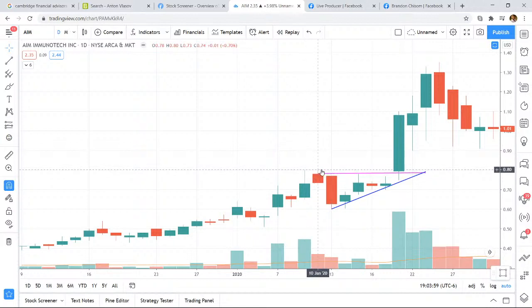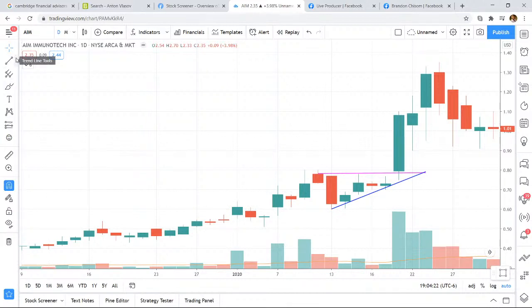And that's another key point. You want to look for stocks that have pulled back some. After they've run up, you can always expect a stock to pull back. And like I talked about in one of my previous videos, when a stock makes a 15 to 20% run, give or take, you can expect a pullback.